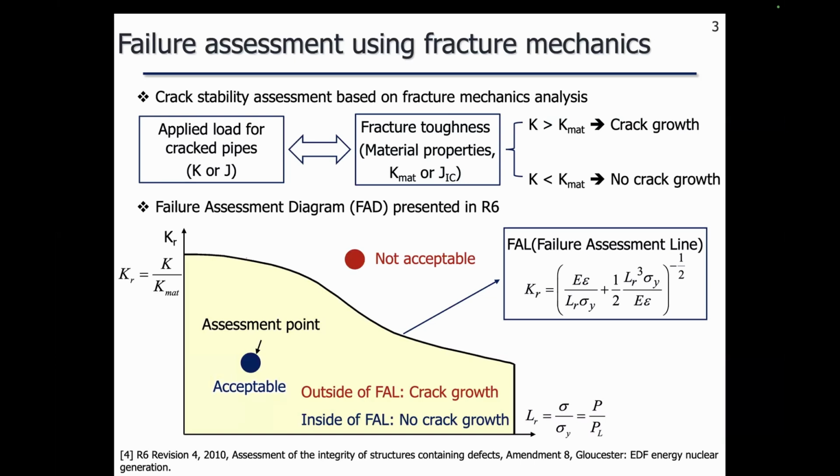In the FAD method, if the assessment point is inside of the diagram, it suggests that there will be no crack growth. Otherwise, if the assessment point is outside of the diagram, it suggests that crack growth will occur.